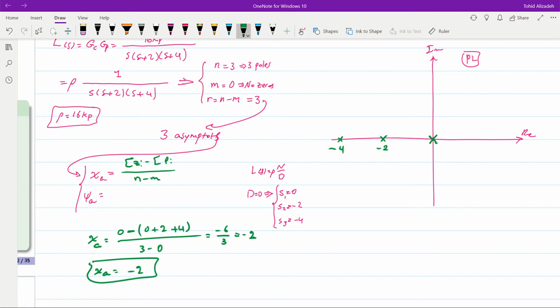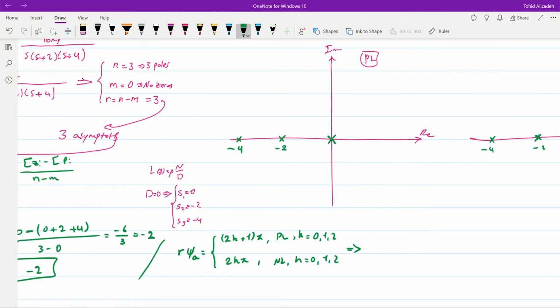Then we need to find out the angles of the asymptotes. r times CA will be equal to (2h plus 1) times pi and 2h times pi for positive locus and negative locus. And we need to set h equal to 0, 1, and 2 because there are 3 asymptotes.